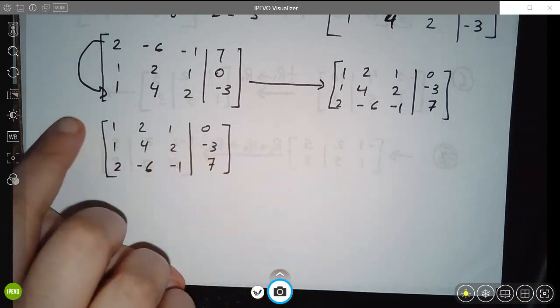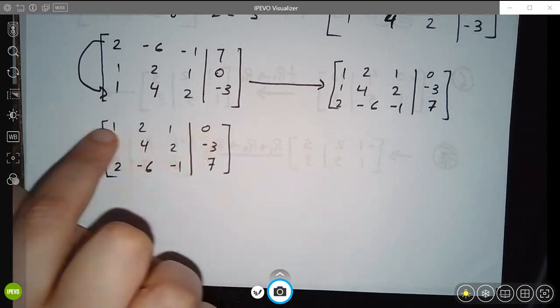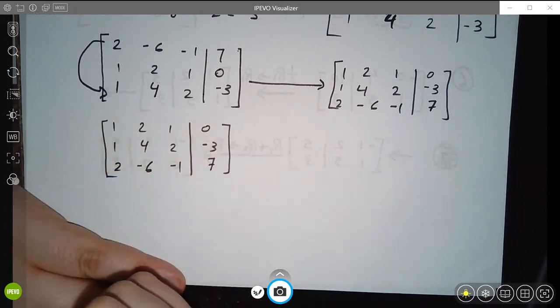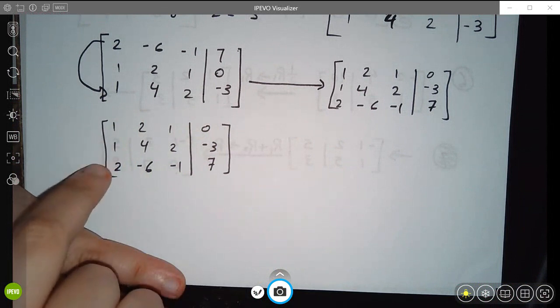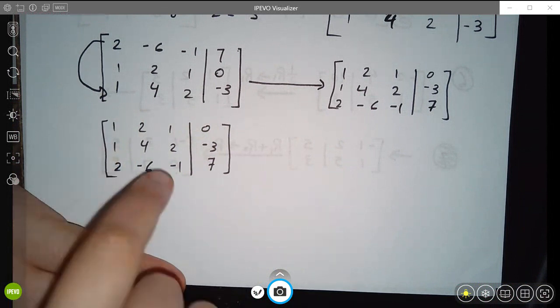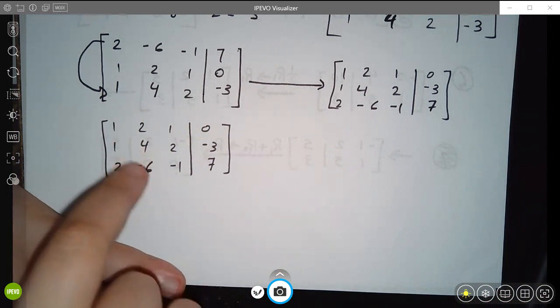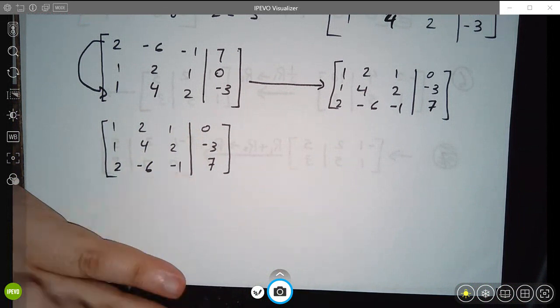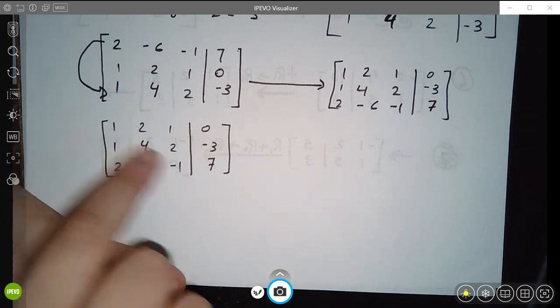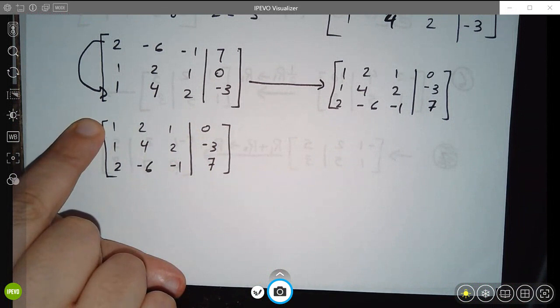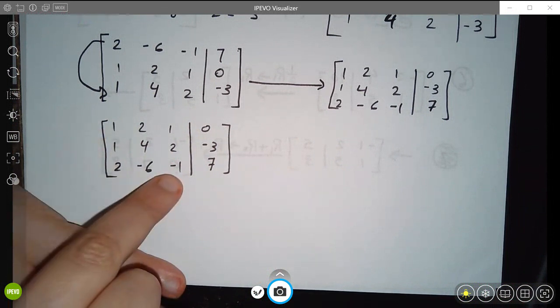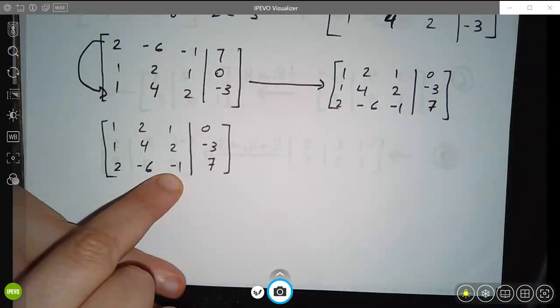Make sense? So by doing this, I turned the first value into 1. So that's done. I just need to turn these two into zeros. I need to turn this one to 1, this one to 0, and that one to 1. So one of the values I want is already in place. And this one's already easier. Make sense?